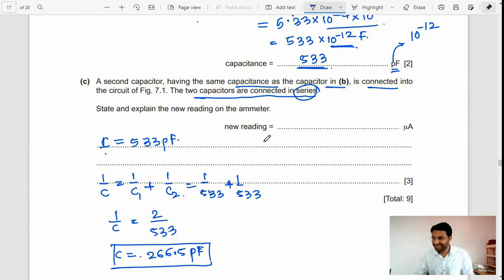Then next you have to find out the current. Current I is equal to F times C times V. So F we have 60 hertz, right?